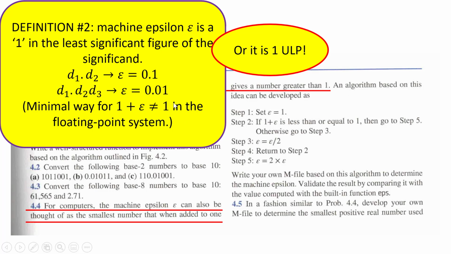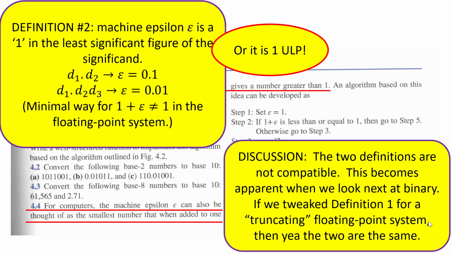So it has to be actually a full ULP in this definition. The two definitions are really not compatible. Had we tweaked definition 1 to be for a truncating floating point system, then yeah, they would have been the same. But for the system we're looking at in definition 1, we were considering a rounding system.